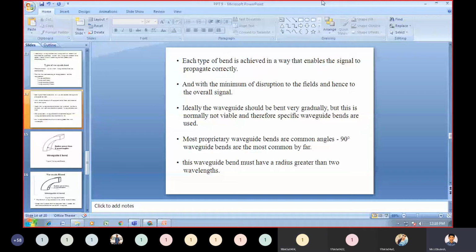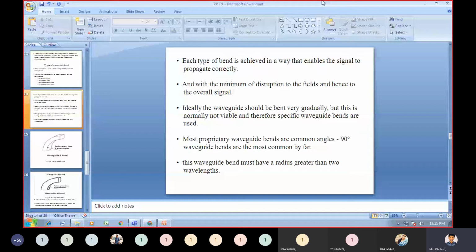For example, ideally the waveguide should be bent very gradually, but this is normally not viable and therefore specific waveguide bends are used.